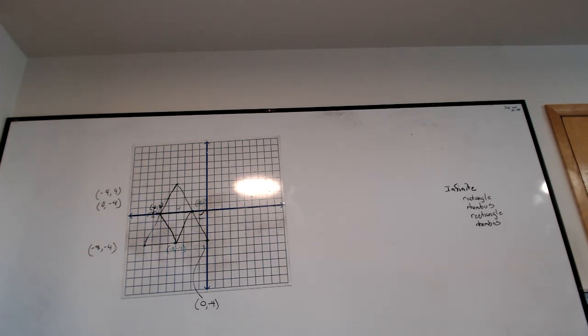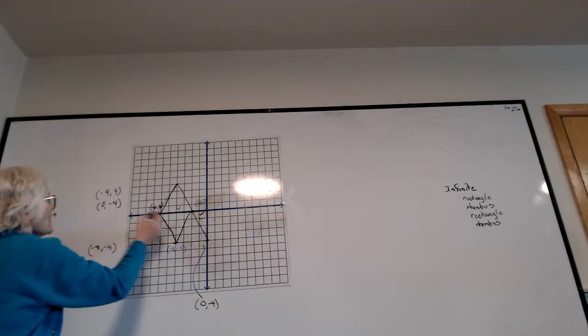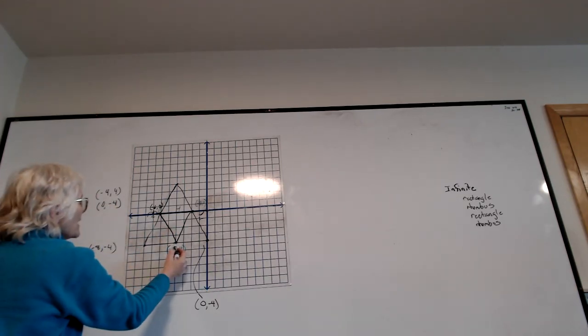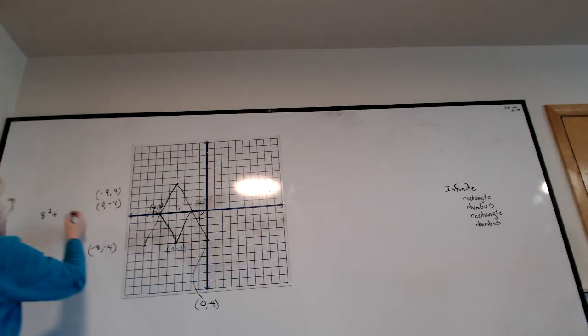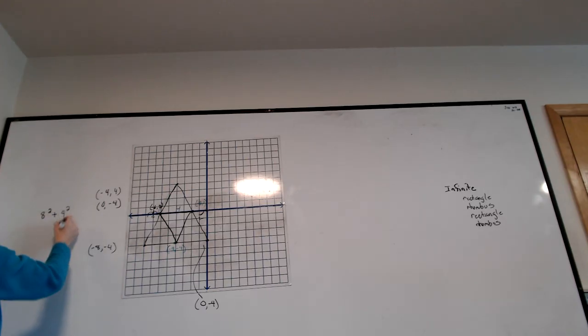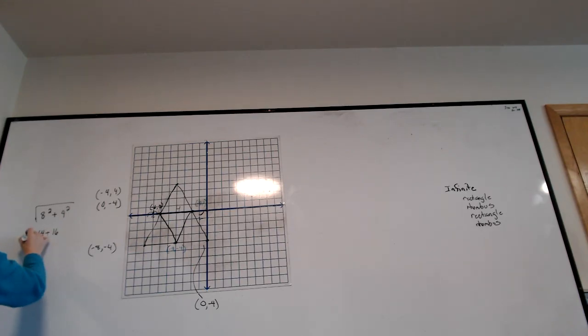You went from 4 to -4. So that's 8. 8 squared plus, how far did I go in this direction? I went from -4 to 0, so that's 4, so it's 4 squared. Square root, so this is 64 plus 16. That's right. Square root of 100. What is the length of this side?